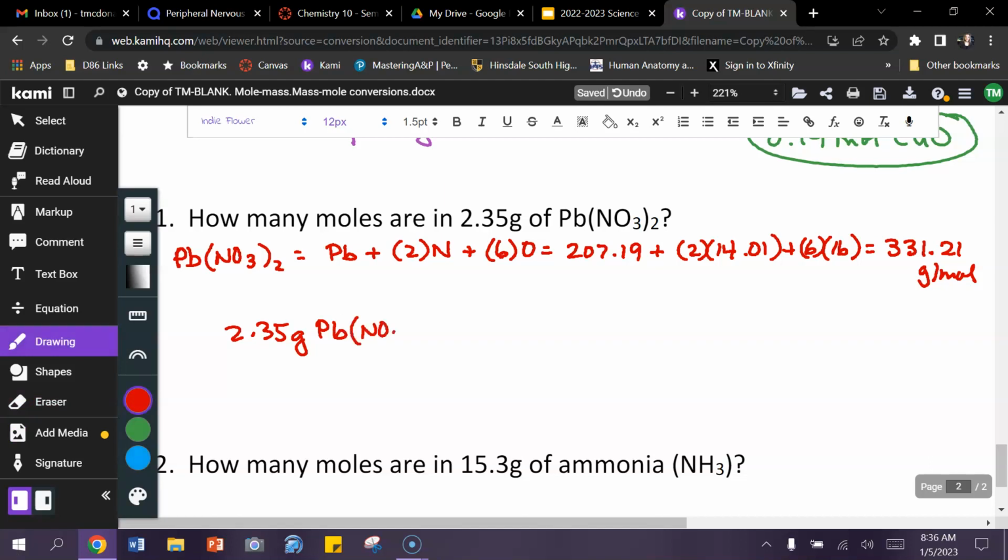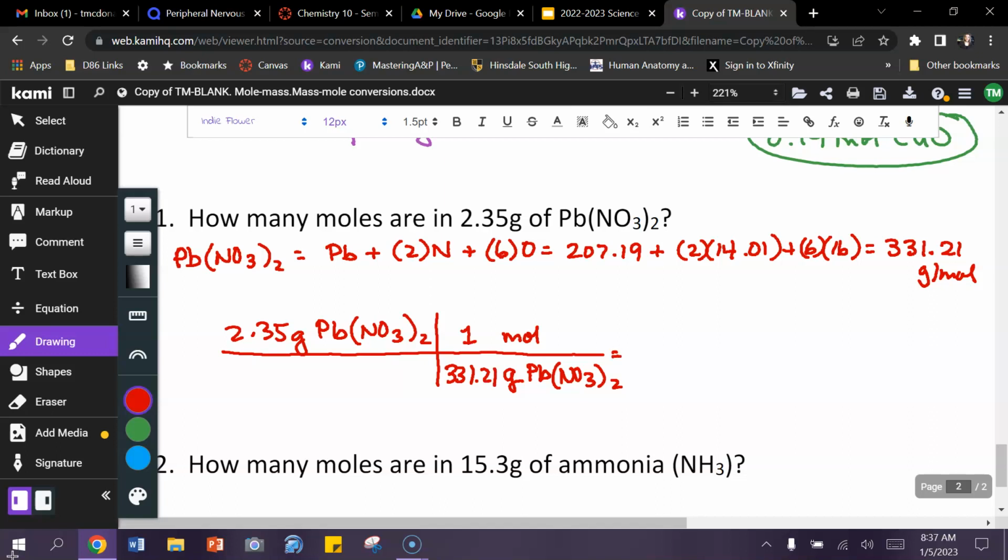So we have 2.35 grams of lead nitrate, and we denote the units, so we have grams of lead nitrate at the bottom, and that's equal to moles at the top. We have 331.21 grams is equal to 1 mole of this compound, and we need to multiply 2.35 times 1 divided by 331.21.